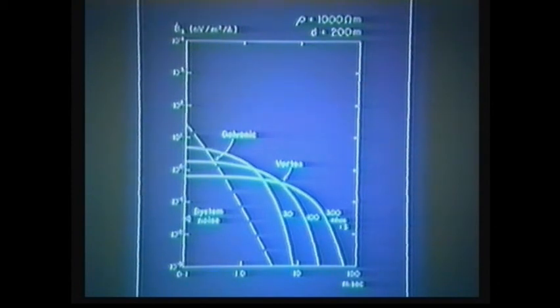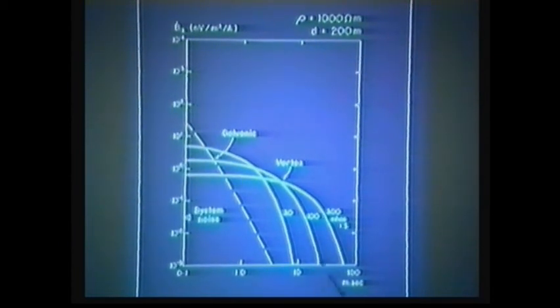You can forget, for the time being, the contribution from the half space itself. Okay, so here's my log time, here's my log response, and here are the three vortex current responses that I showed you from my plates, 30 to 300 Siemens. Here, incidentally, is about the level of the system noise.